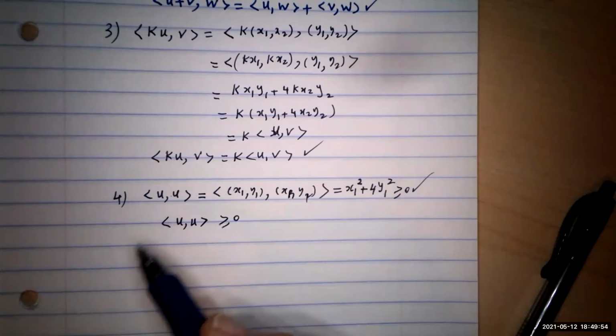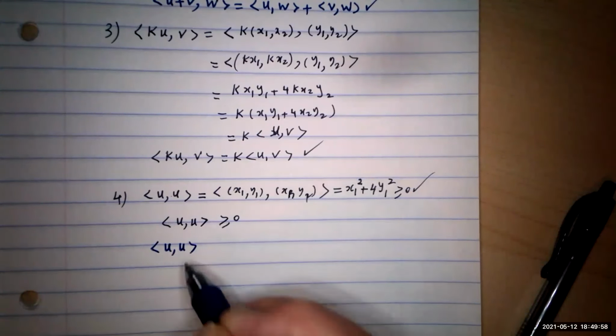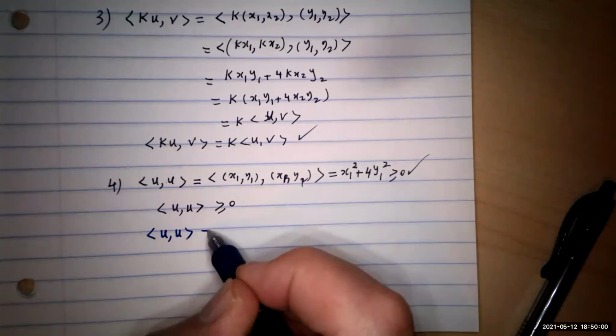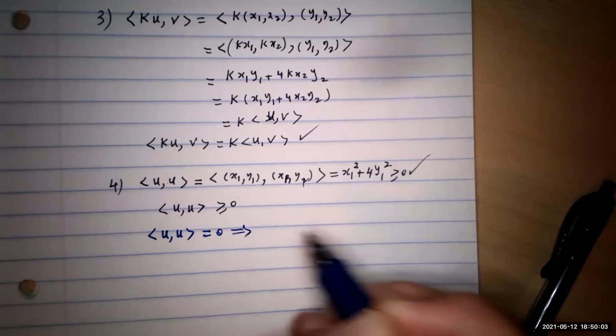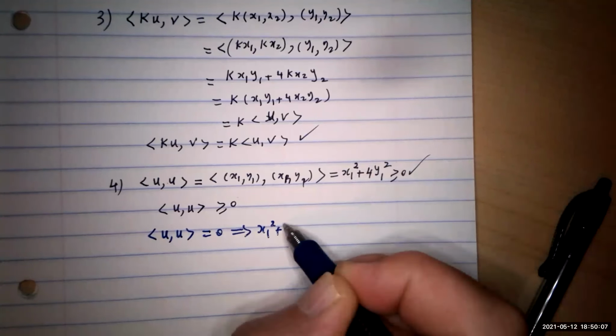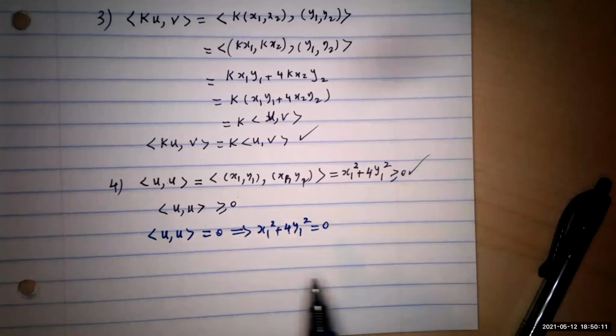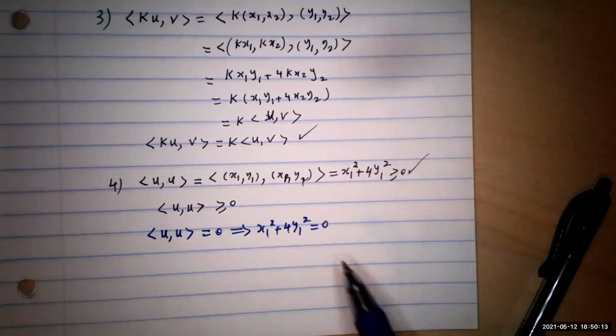The other one is that if you let it be equal to 0, so this means x1 squared plus 4y1 squared must be 0. And you know that this is a sum of two squares of real numbers.